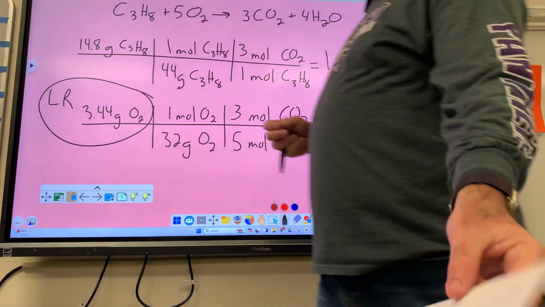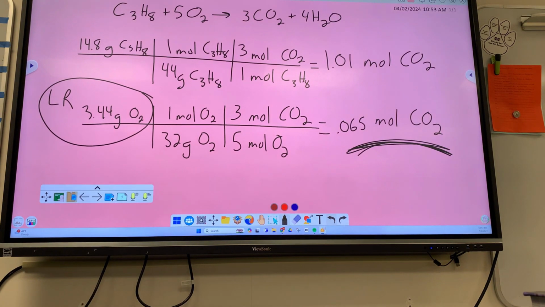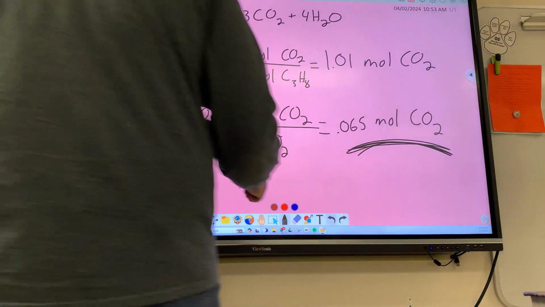How much water can we produce in grams? Now, here's the beauty of this. What are we going to run out of first? Now, we already figured this out. We're going to run out of oxygen. So that becomes our starting point for subsequent problems.